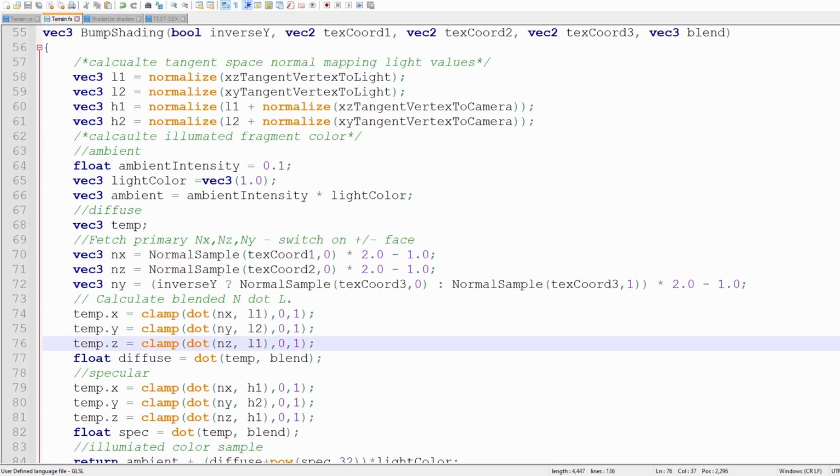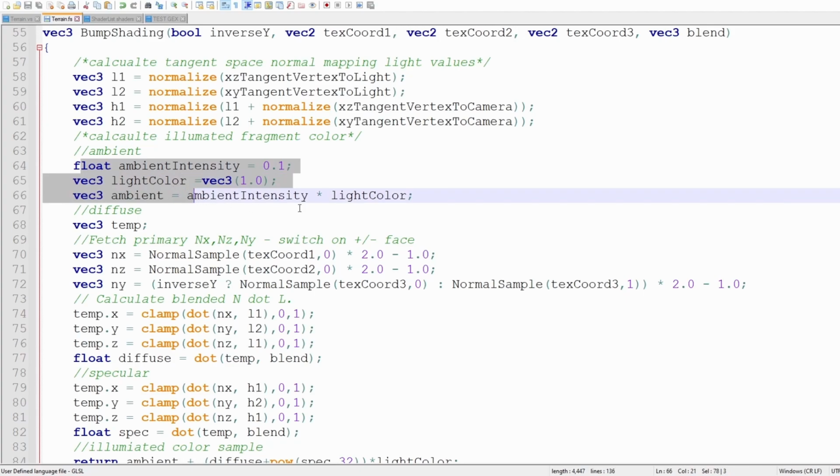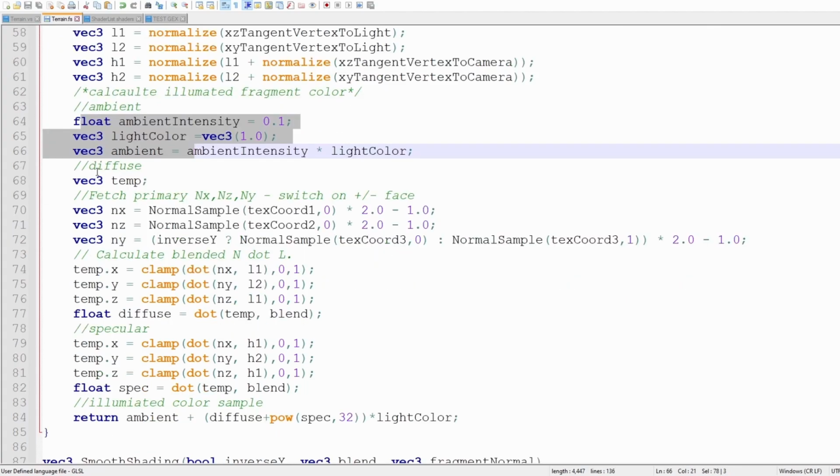So now looking at bump shading, we will begin by normalizing our tangent space variables. And again, the normalization is done for the same reason we want to interpolate across the fragment. An ambient is calculated in the same way, but as previously mentioned, the diffuse and specular components are calculated in their own tangent spaces, so the x, y, and z components need to also be calculated in their own tangent spaces.